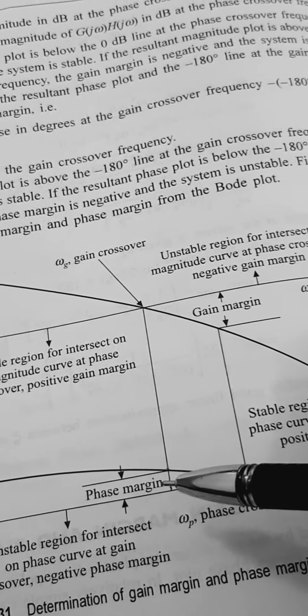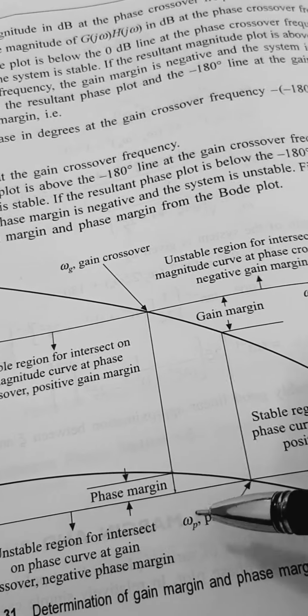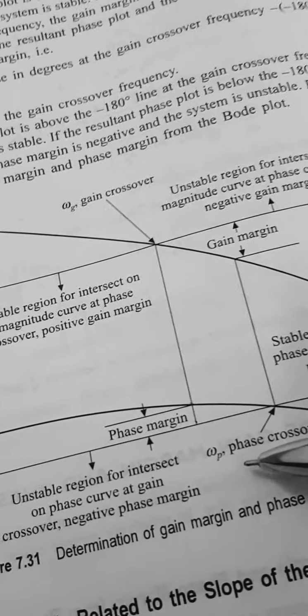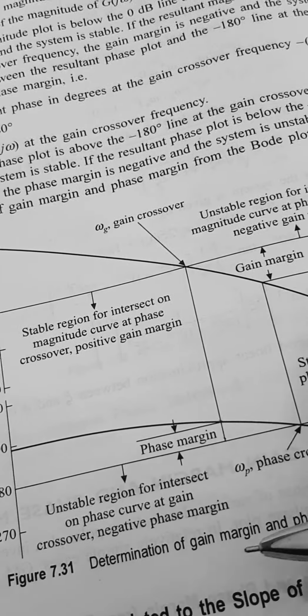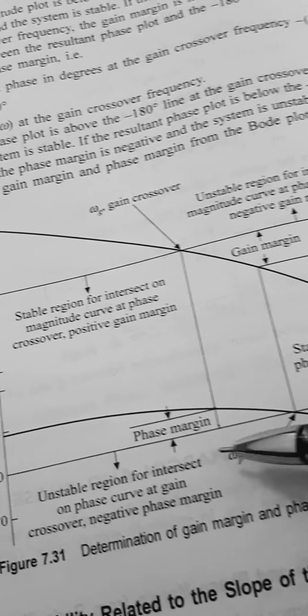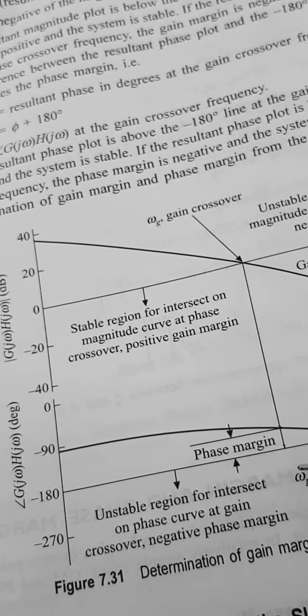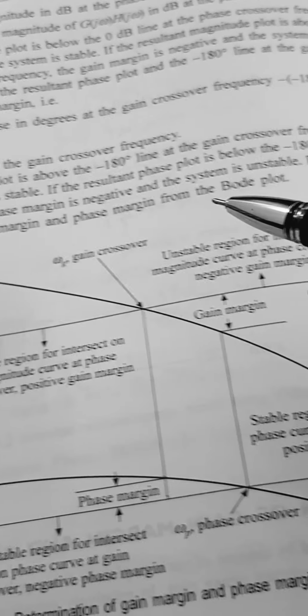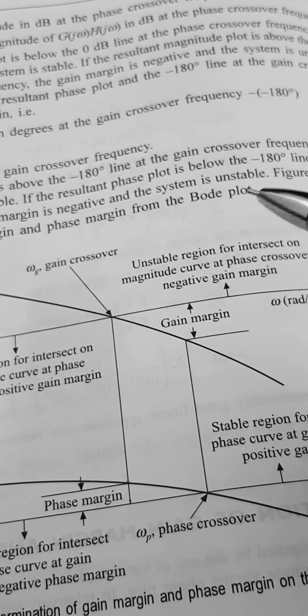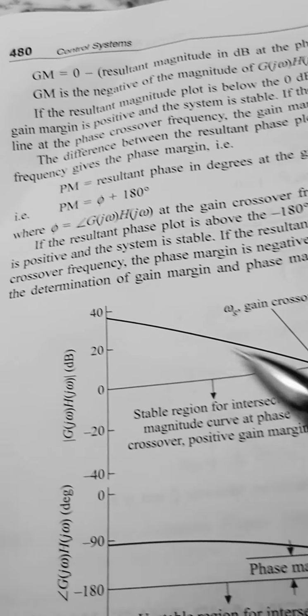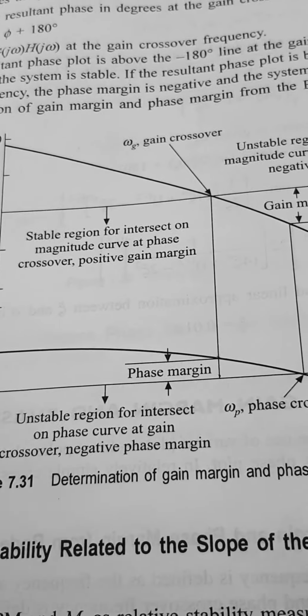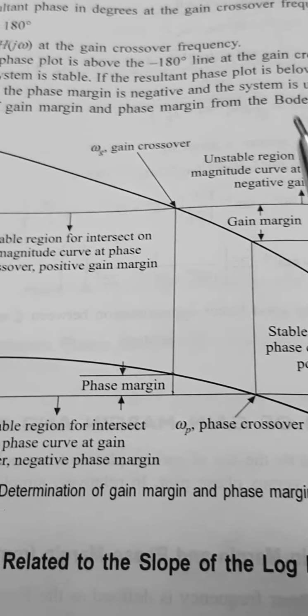If the resultant phase plot is below minus 180 degree, suppose it is around minus 270, then minus 270 plus 180 degree gives a phase margin of around minus 90 degree. In that case the phase margin is negative and the system is unstable. So here you understood gain margin and phase margin.